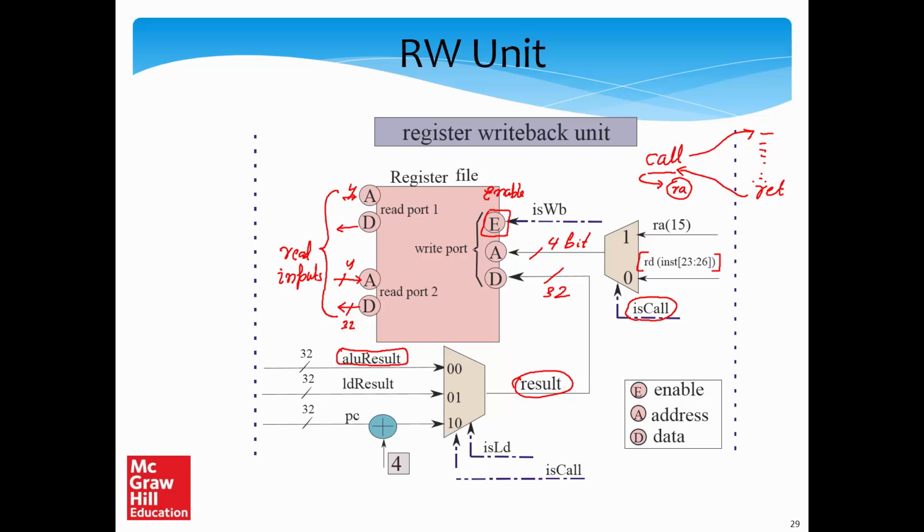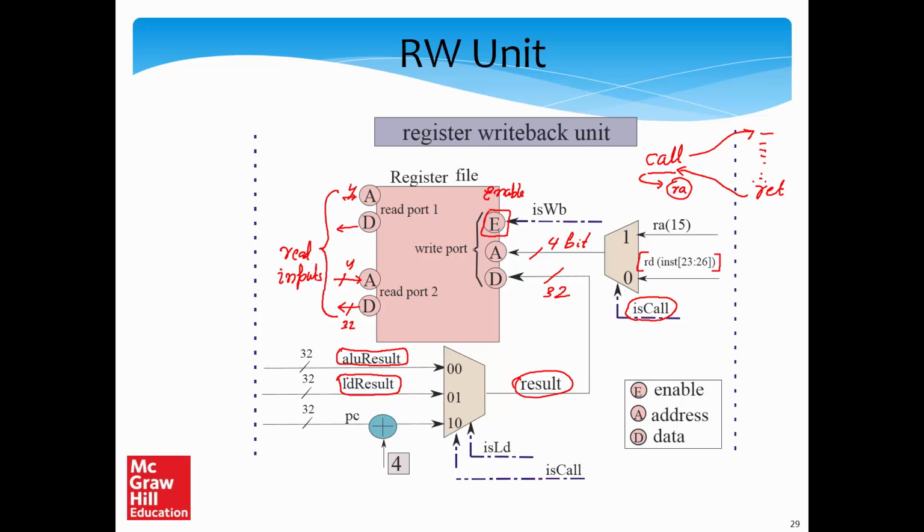The result will be the ALU result field. The other is the load result, which is the value of a load instruction that you read from memory, right? In the previous stage, the MA stage, the value read from memory.